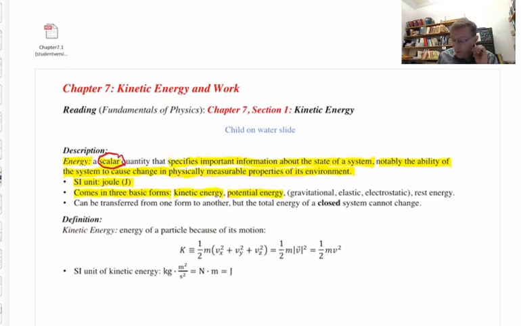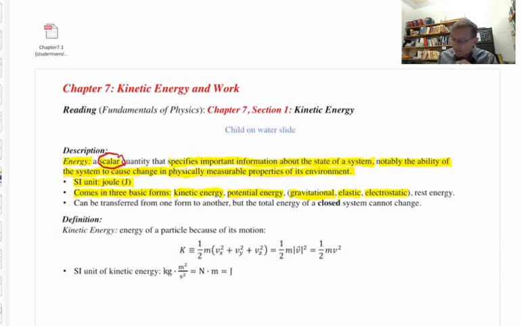But I will just give you a preview. For us, potential energy will be in three forms. Gravitational potential energy, so-called elastic potential energy, and then next semester we'll study something called electrostatic potential energy. But they're all forms of potential energy.